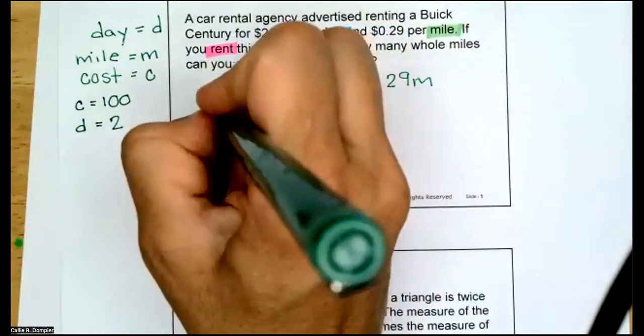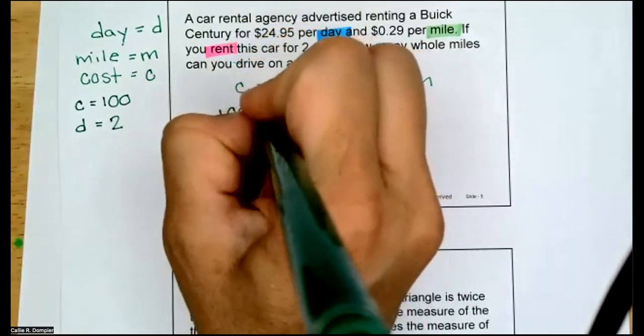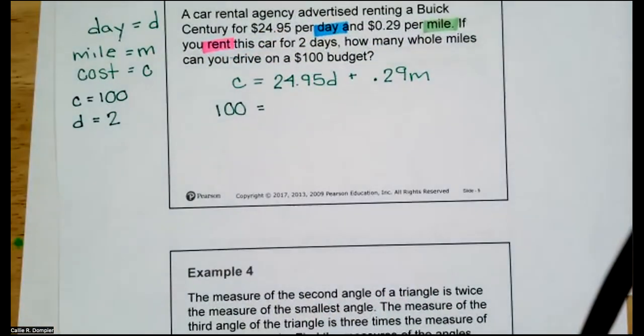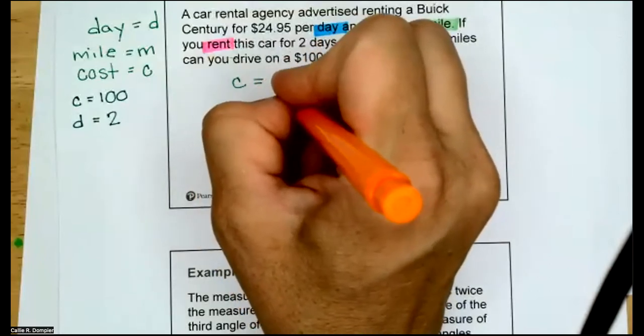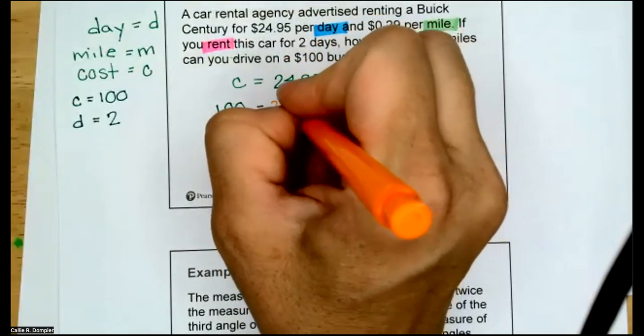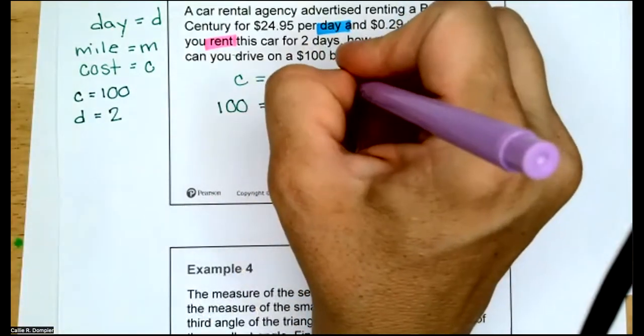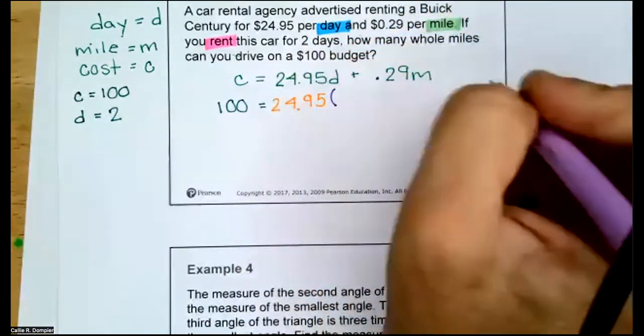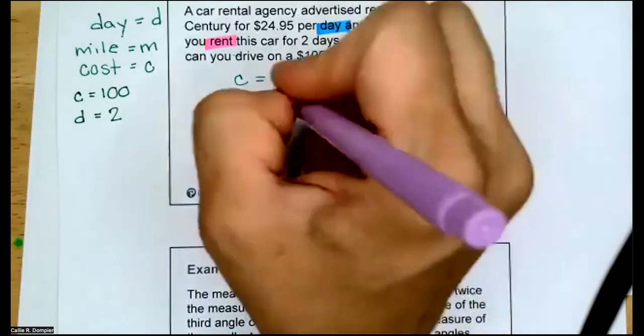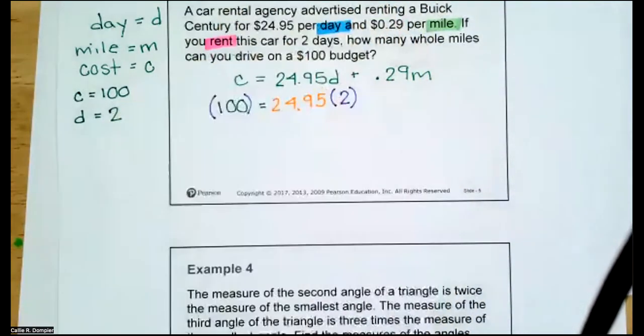So instead of C, I'm going to put in 100. That same $24.95 is going to be multiplied. Remember, I always put parentheses around the variable when I'm changing it to a number. So we're going to multiply it by 2. Sorry, I did not put parentheses around the 100.